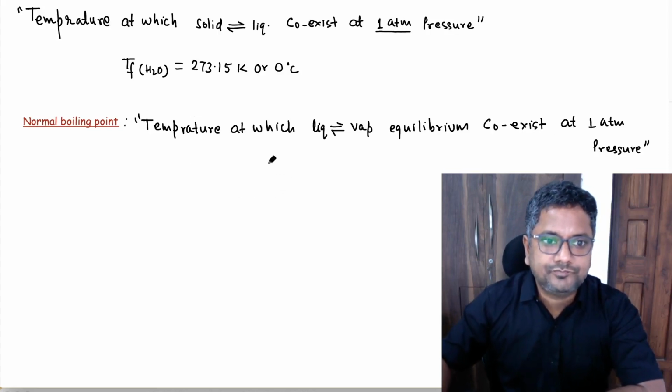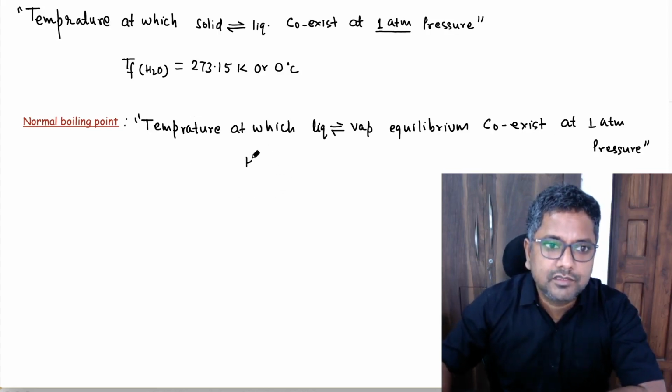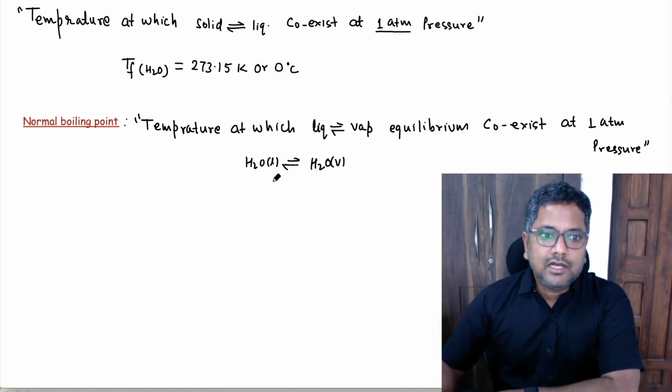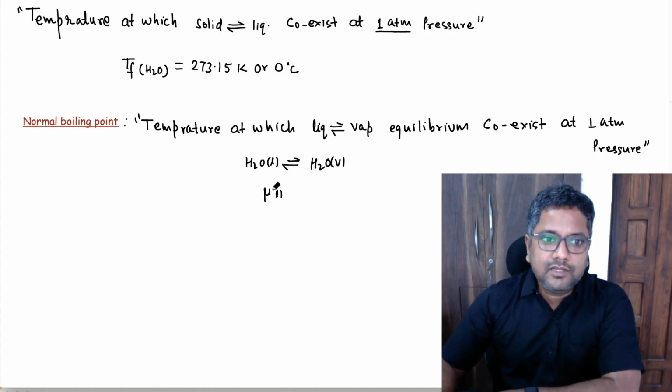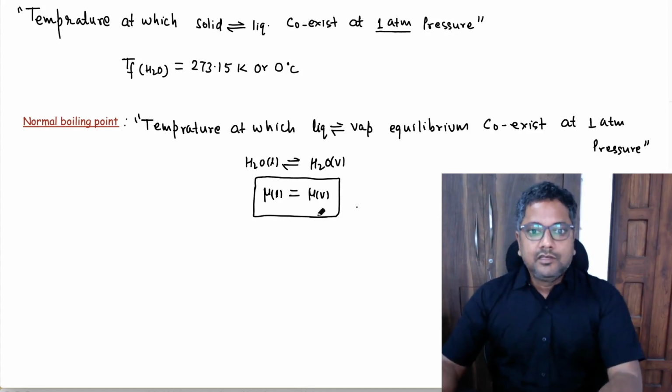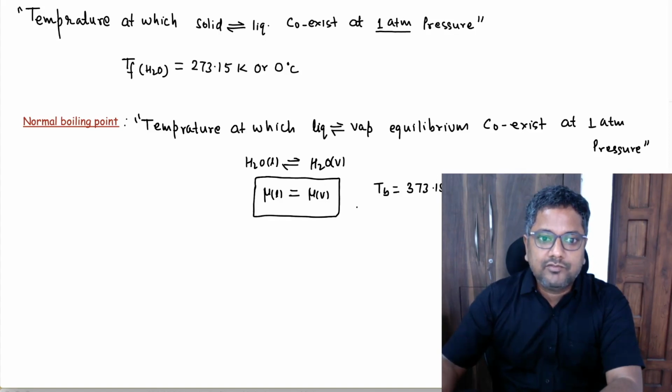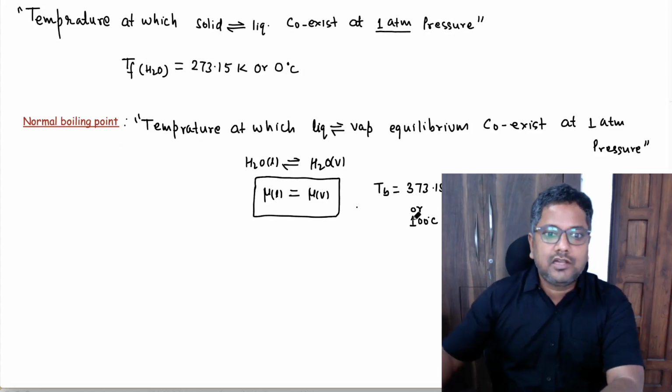Or you can write that for this equilibrium, H2O liquid to H2O vapor, the mu of liquid is equal to the mu of vapor. So this is the thermodynamic condition for this. So for water, the boiling point of water TB is equal to 373.15 Kelvin or 100 degrees Celsius. So this is called the normal boiling point of water.